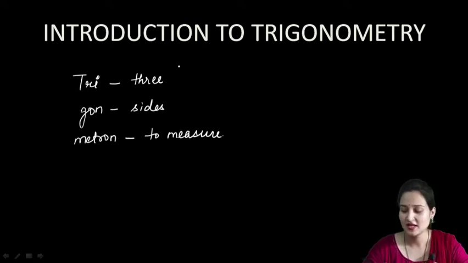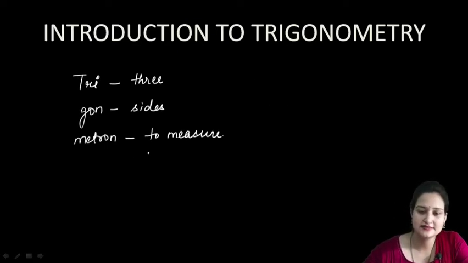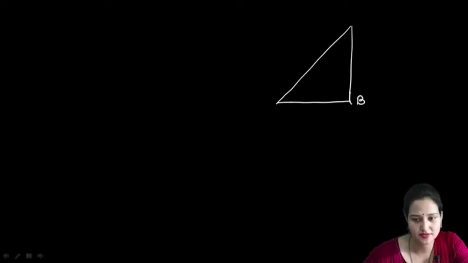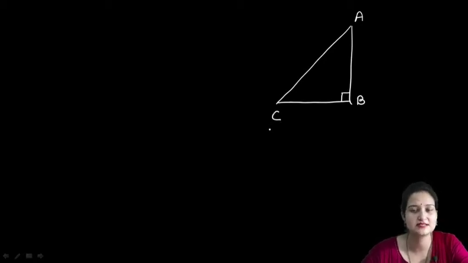Okay. Now let me show you. Let us say this is a right angle triangle ABC, which is right angled at B. It means that angle B is of 90 degrees. Then here we take this point as A and this as C. This is a right angled triangle ABC.